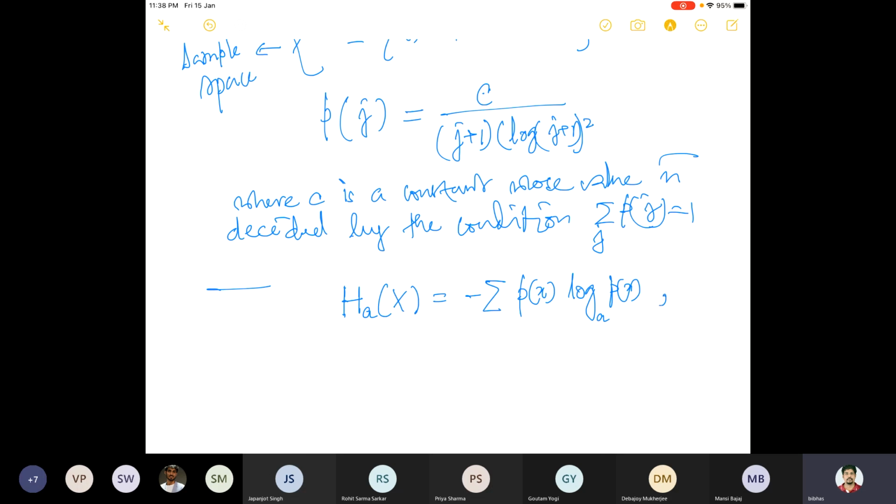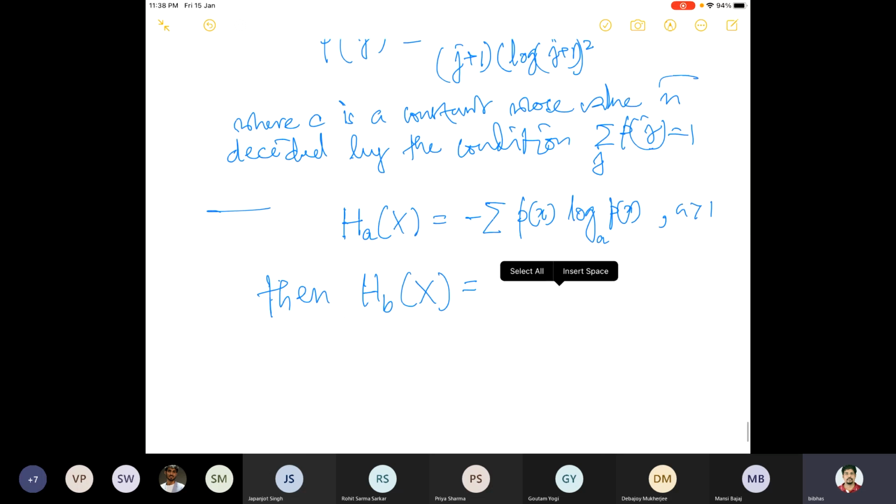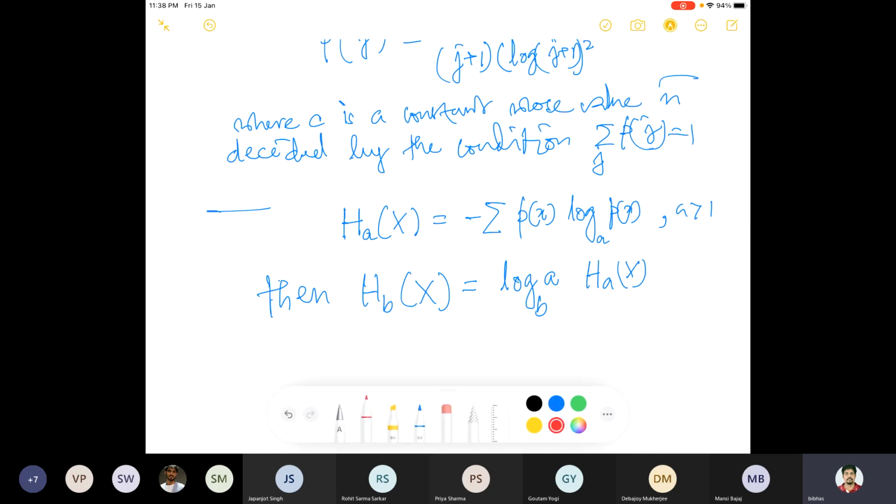Then if you want to calculate the entropy corresponding to another base, some b, how will it be related? For example, if you want to calculate this entropy in terms of bits and in terms of nats, how will they be related? You can find with a simple proof that this will be this times H_a(X). This is homework.